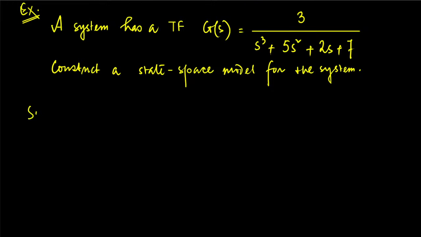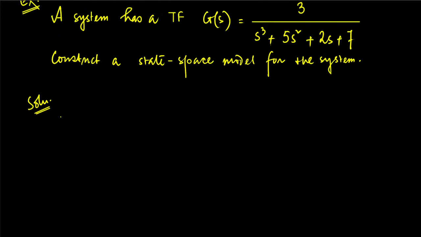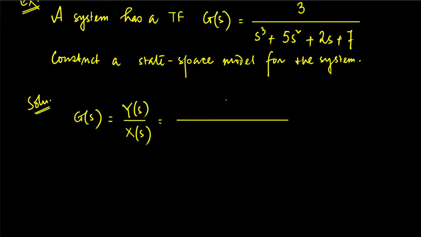Okay, solution. How we actually convert this transfer function into an equivalent state space model. Let's see that this transfer function G(s), which is nothing but the ratio of the output to that of the input under zero initial conditions, is 3 by s cube plus 5s square plus 2s plus 7.